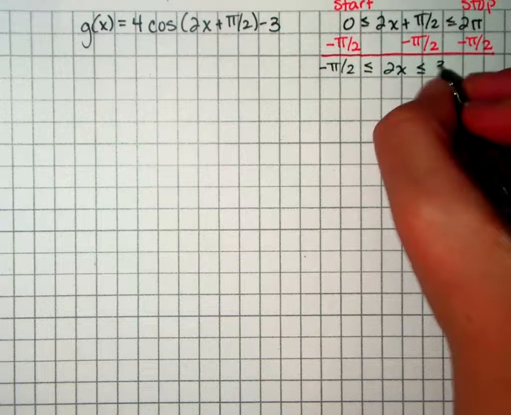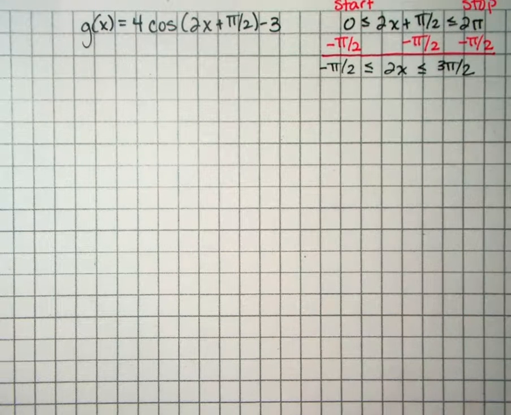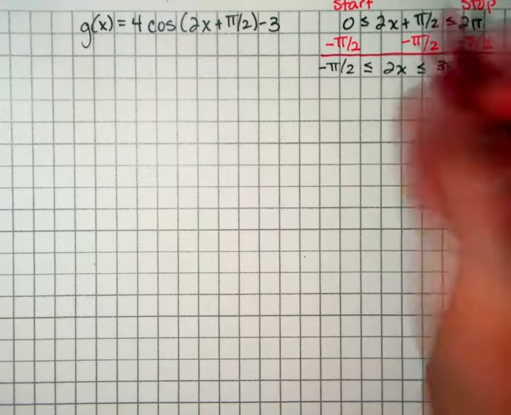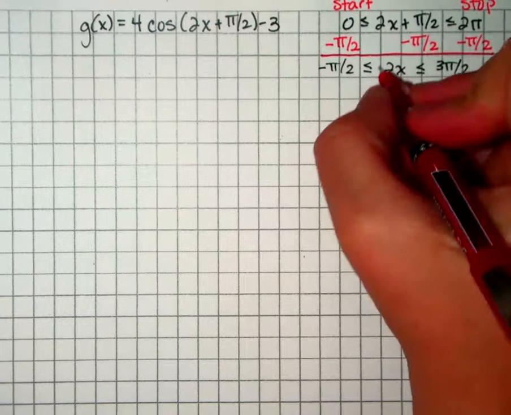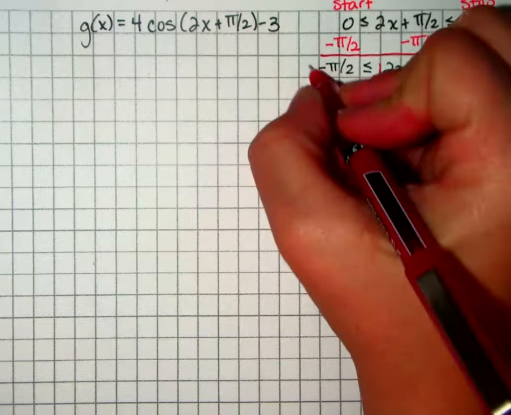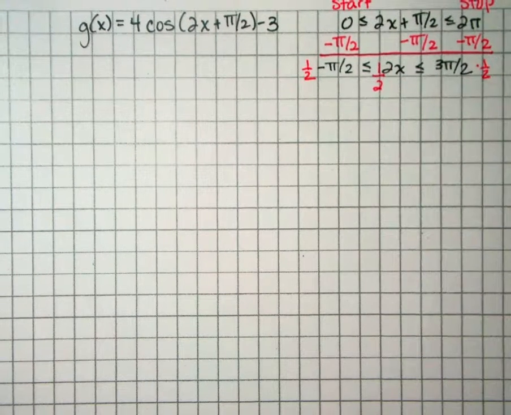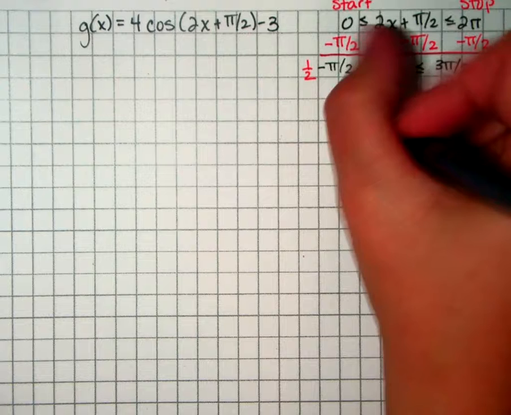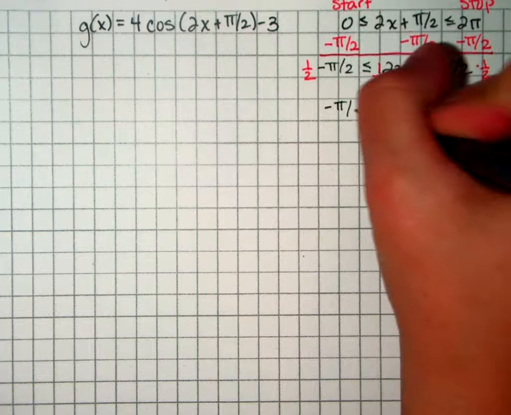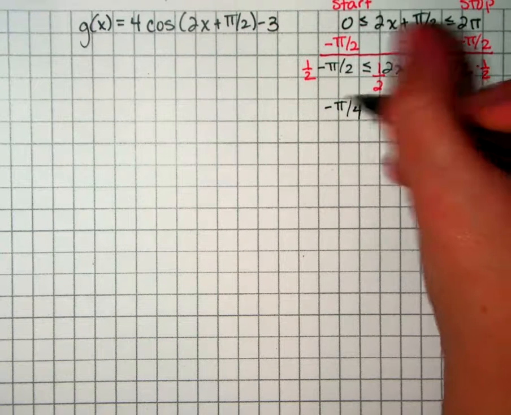What is that? 3 pi over 2. Then the next operation is to divide by 2, or multiply by a half, which gives us my new starting position, my phase shift and the period adjustment.